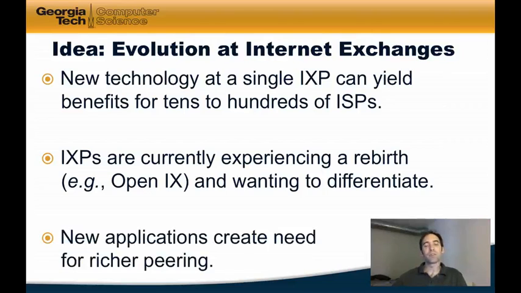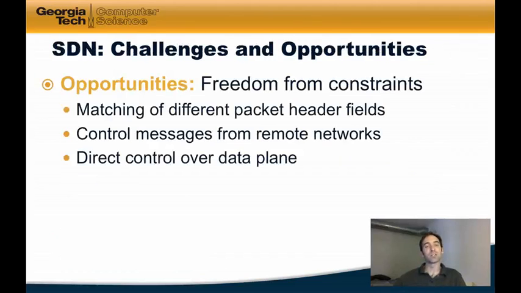Finally, new traffic demands and new applications, such as video streaming, create the need for much richer peering arrangements and much more sophisticated business relationships than exist in today's internet routing ecosystem. Deploying SDN at an internet exchange involves many opportunities and challenges. As far as opportunities are concerned, deploying SDN at the exchange offers freedom from the constraints of having to work within today's internet protocols.